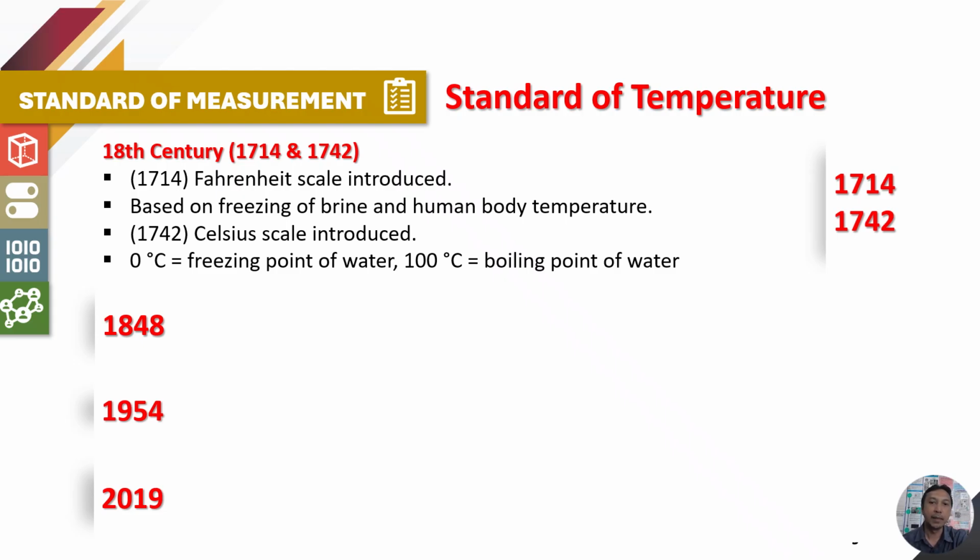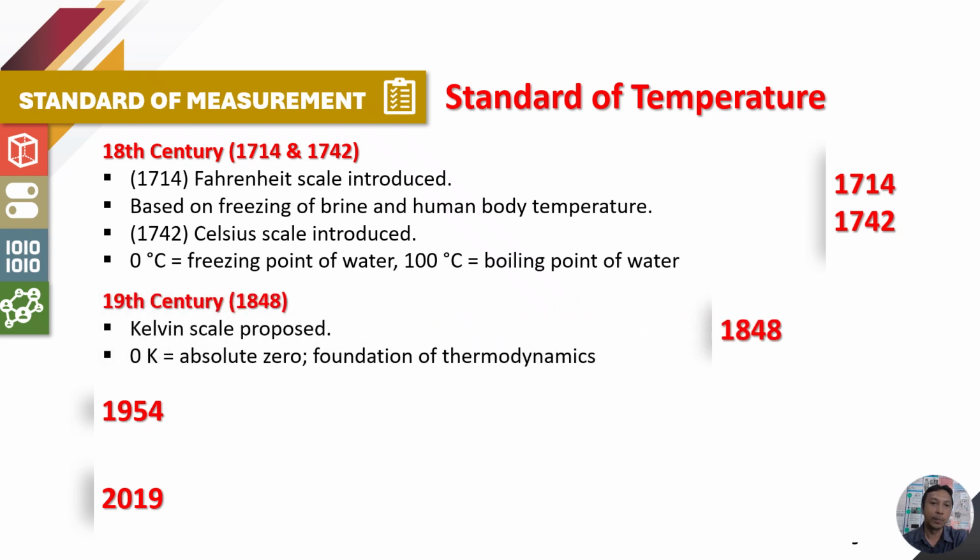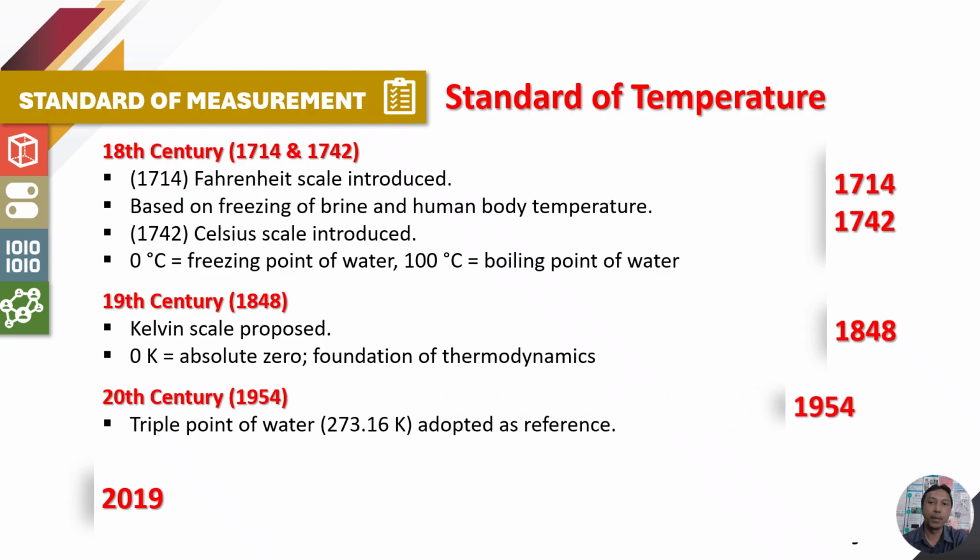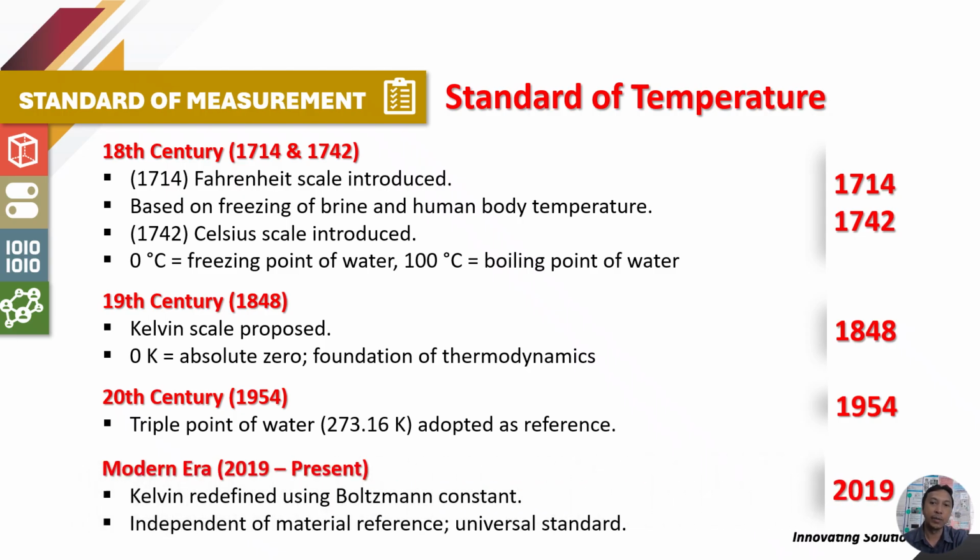In the 19th century, the Kelvin scale was proposed, starting at absolute zero, the foundation of thermodynamics. By the 20th century, the triple point of water at 273.16 Kelvin was used as a temperature reference. In the modern era, since 2019, the Kelvin has been redefined using the Boltzmann constant, making it independent of any material reference and universally precise.